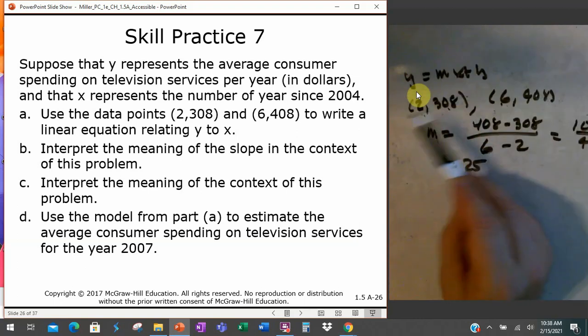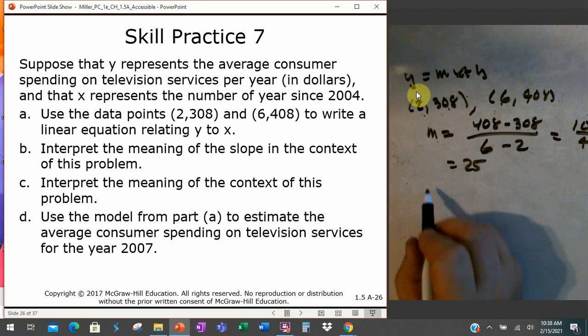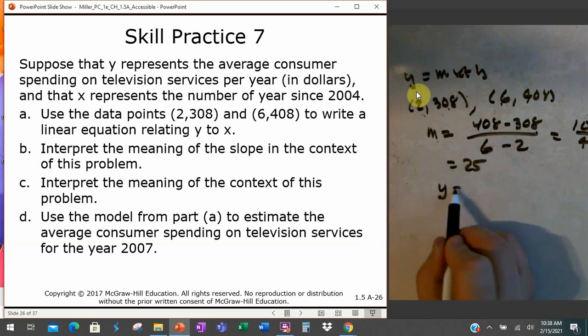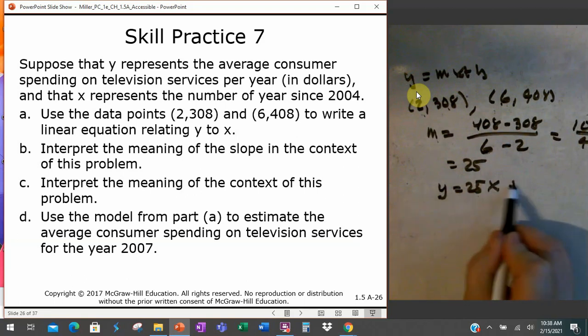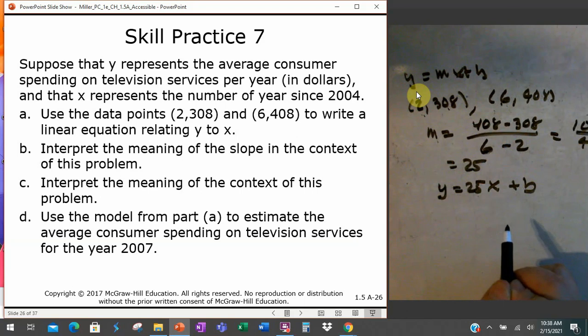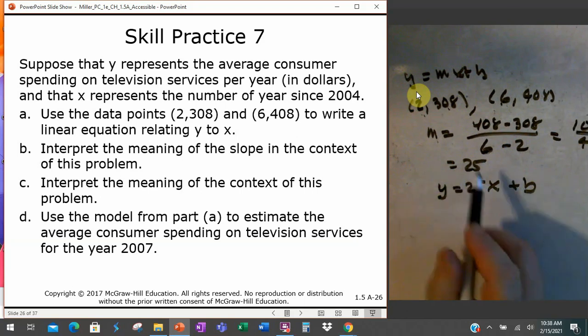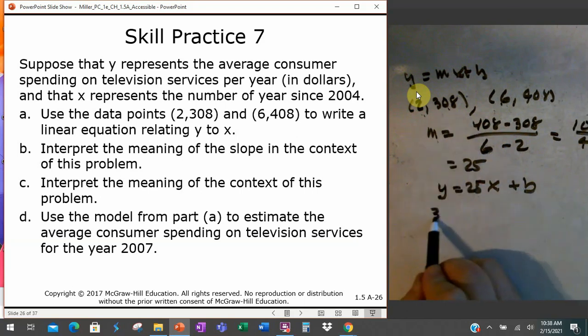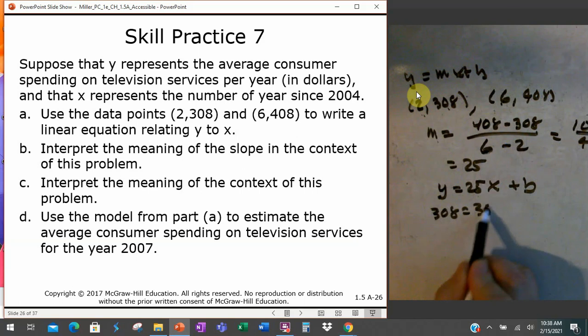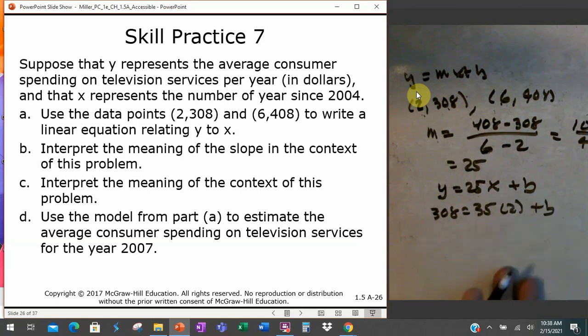Then let's pick out the smallest numbers. So y is equal to 25x plus b. Y was 308, equal to 25 times 2 plus b. Then minus 50 from both sides.